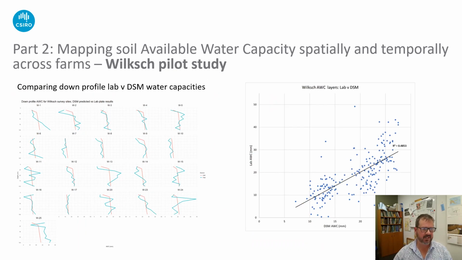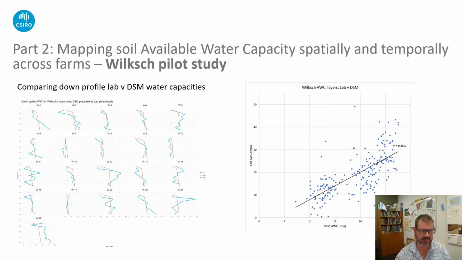Looking down those profiles, using the DSM depth slices at those sampling sites, W1, W2, and comparing the lab data, even though the red, which is the DSM prediction through the depth profile, is significantly generalizing the lab data, if we total these values, they're closer.